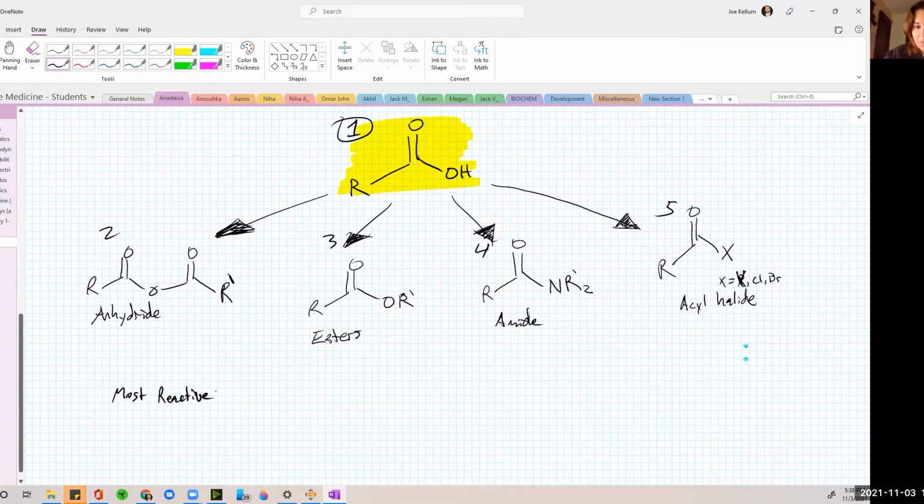Perfect, exactly. And one really good way to think about it is how good the various leaving groups are when these things are reacting. That gives you a really good clue on how reactive they are. If it's a really good leaving group, then the thing's probably going to be quite reactive.